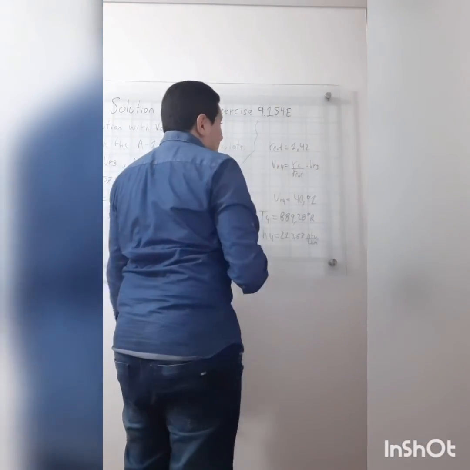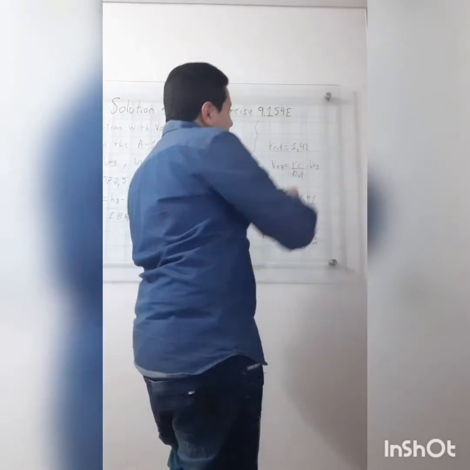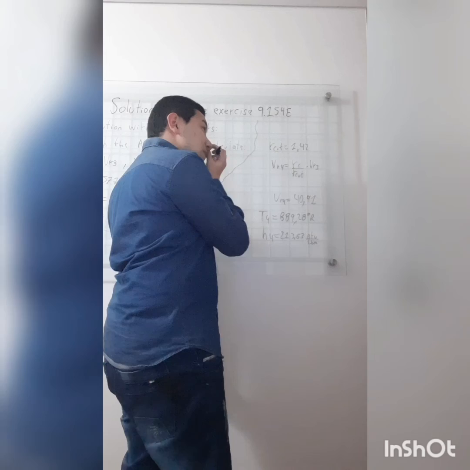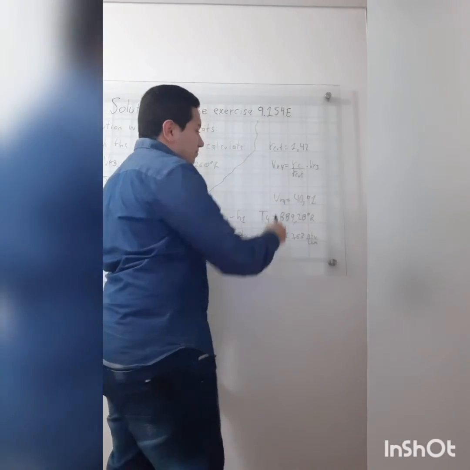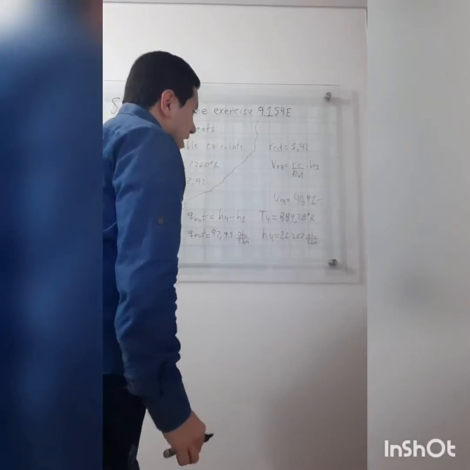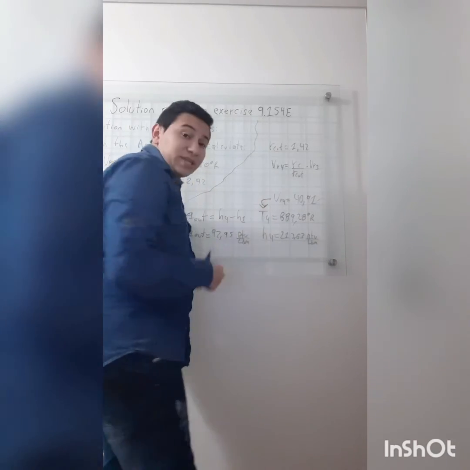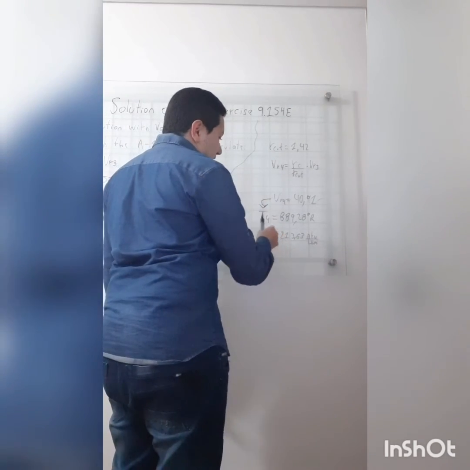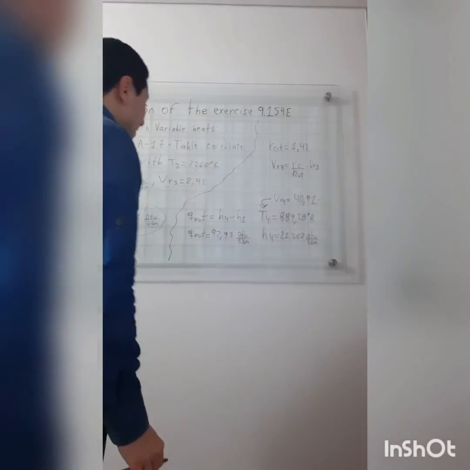Then we need to calculate the relation. Do you remember this relation to calculate the reduced volume 4? That is this. And with this value we need to calculate with the table the temperature 4 and enthalpy 4. Yes.